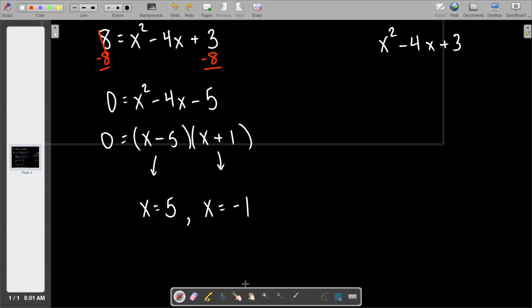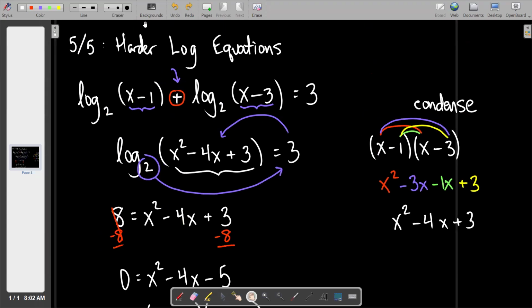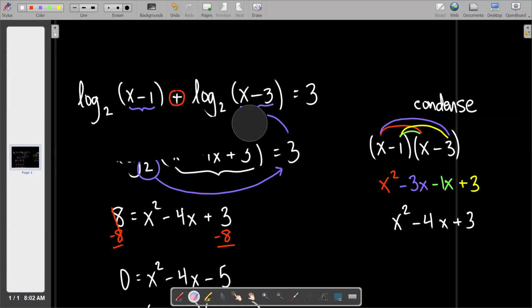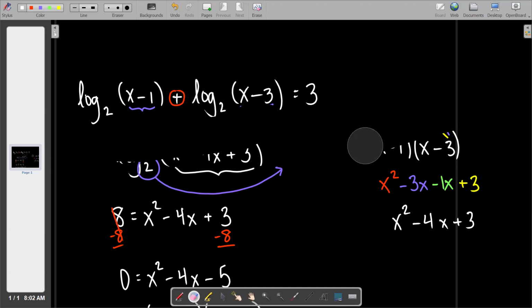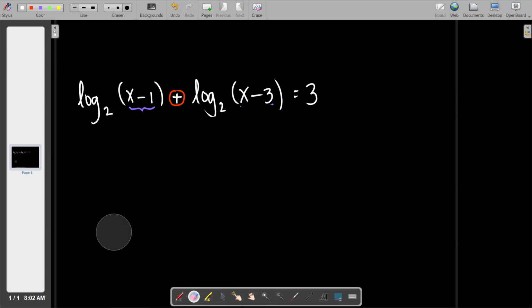And how we're going to figure that out is we're going to take our answers and go back up to the very beginning of the problem, which is right up here. And I'm going to erase a whole bunch of stuff now on my screen just so I can get your eyeballs on what's important. And what's important are these two logs. You cannot have two things. This is probably worth writing down right now.